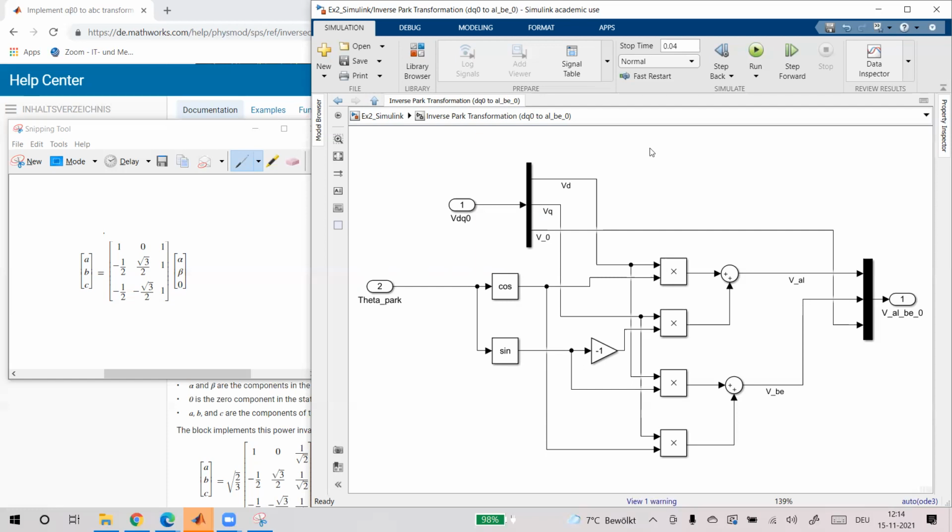So make sure you also have 0, because if there is some zero sequence, then it matters. This thing, VDQ0, you're just missing 0. And here this is not VDQ0, right? It's alpha beta. So you cannot do that. First change this one.